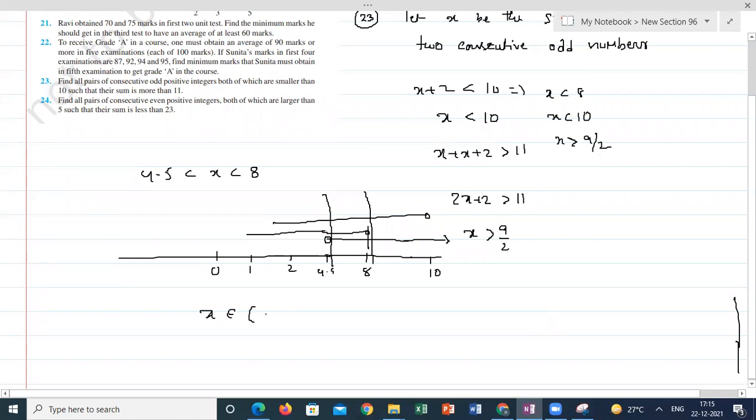So x belongs to 4.5 to 8. But in this, we have to take only the natural numbers 5 to 8.